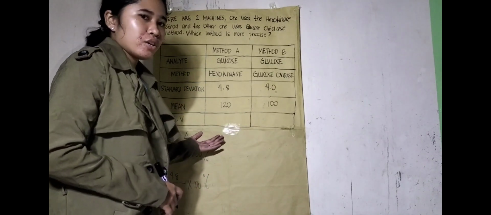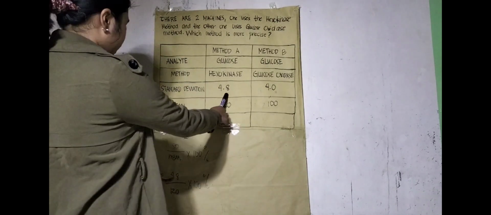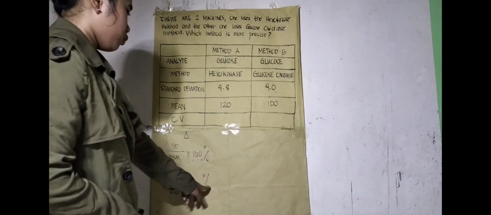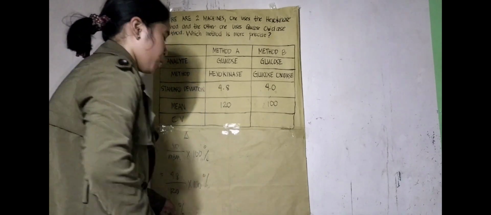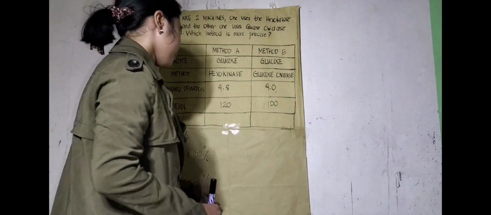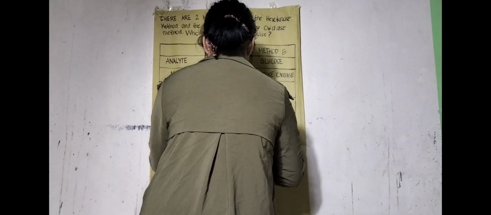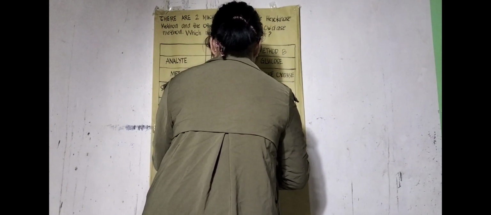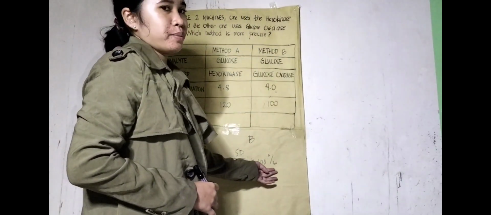In method A, we have standard deviation over mean times 100, 4.8 over 120 times 100 is equal to 4. We have a coefficient of variation of 4% for method A. However, for method B, we have standard deviation over mean times 100%.